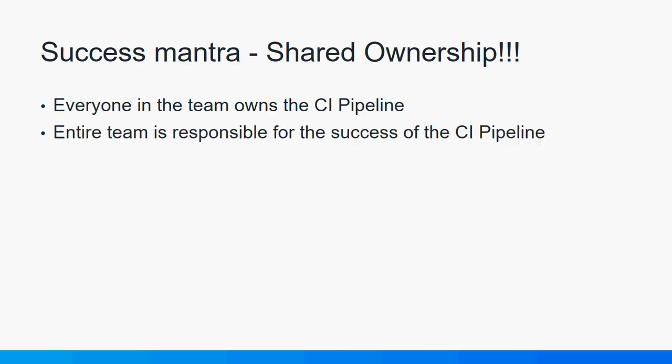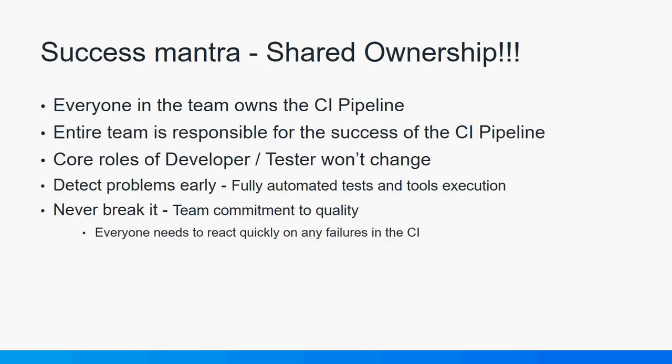As I said in the previous slide, the success mantra is that everyone in the team owns the CI pipeline. If they are not all monitoring or owning the CI pipeline, it cannot be a success. Any failure in the CI pipeline has to be fixed immediately. It could come from development, testing, or the deployment team, like say your Kubernetes setup is not up.